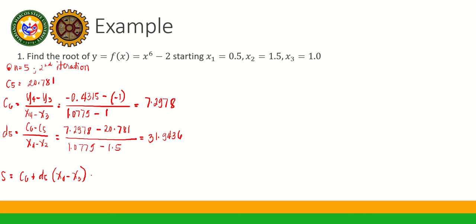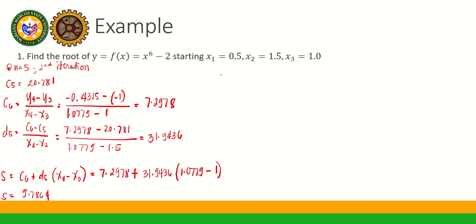Okay, so plugging in the values, we have 7.2978 plus d sub 5, that is 31.9436 multiplied by 1.0779 minus si x sub 3 natin, that is 1. So computing for this one, we will have a value of S equal to 9.7864.